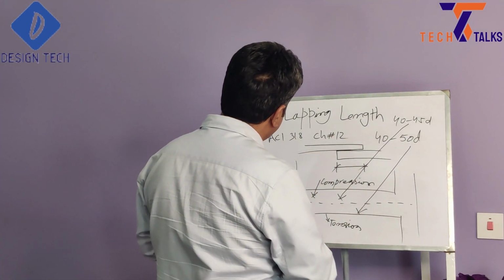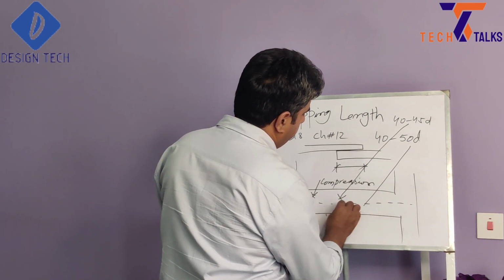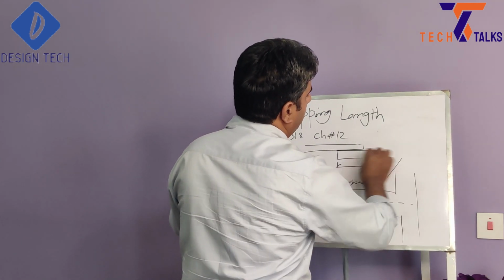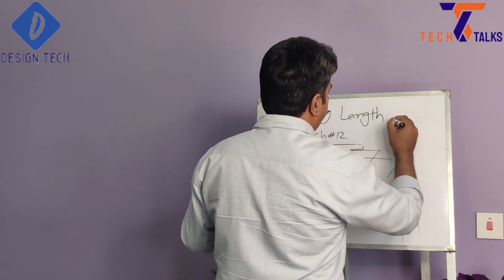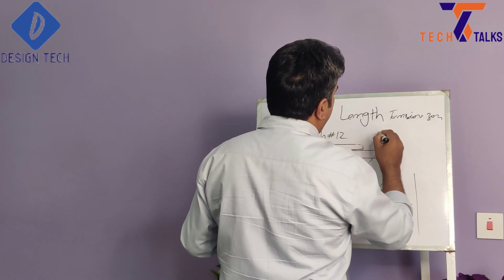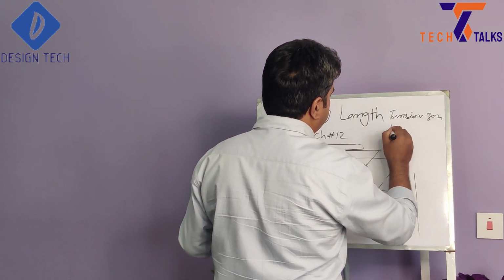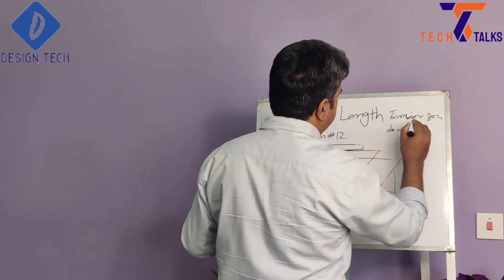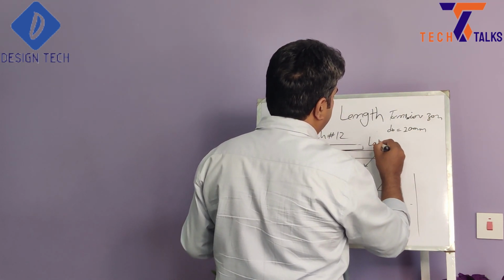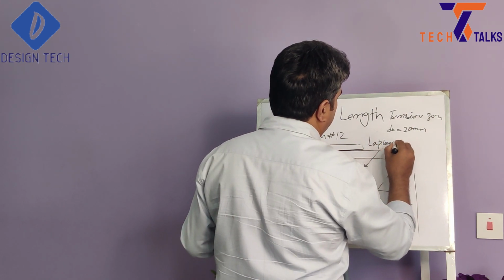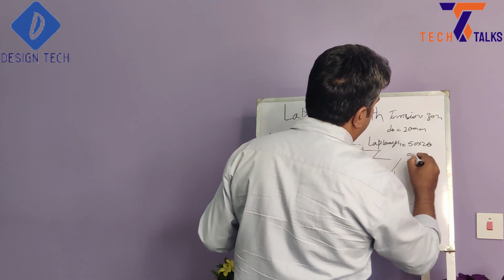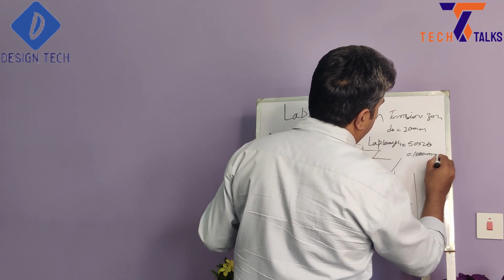For example, when we need to calculate tension zone lap, and dia bar is supposed 20 mm, then lap length should not be less than 50 into 20, 1000 mm.